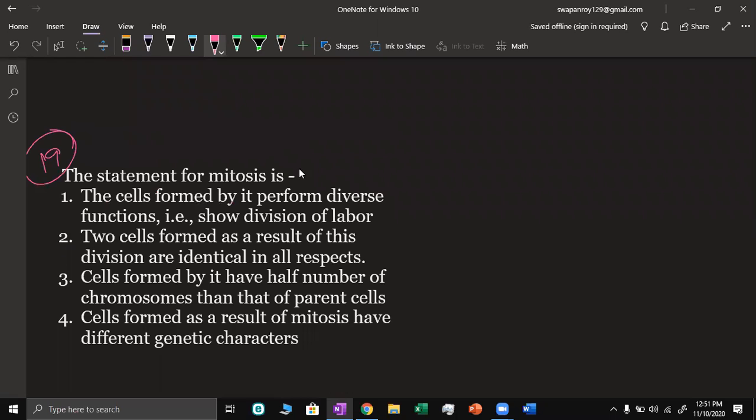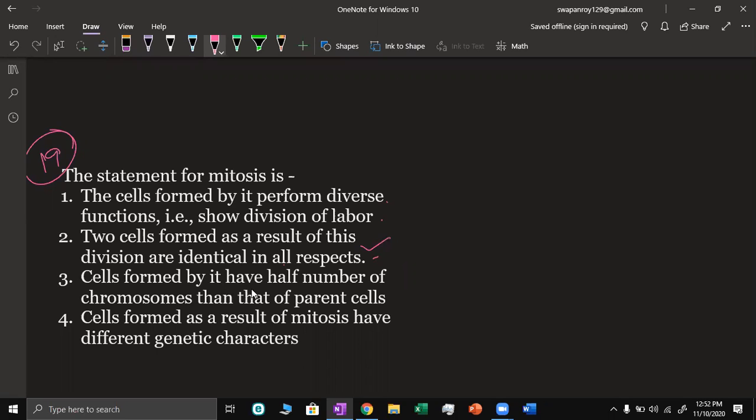The statement for mitosis is: cells formed by it perform diverse function, that is show division of labor. Two cells formed as a result of this division are identical in all respect. Yes, this is also true.